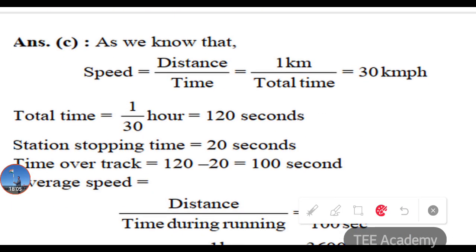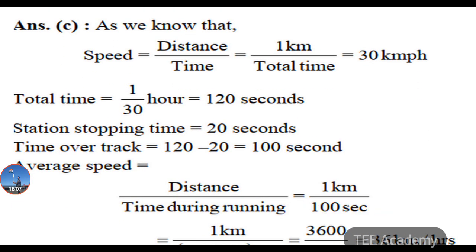Let's discuss the solution here. We know that speed is nothing but distance by time. This is the formula you know. What is the distance between each stop? 1 kilometer. We need to calculate the total time they are traveling, and the scheduled speed of the train is 30 kilometers per hour.